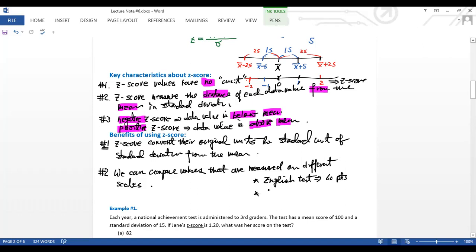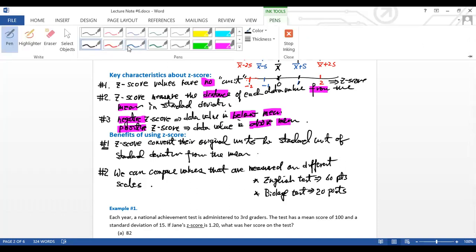And then you take the biology test. The biology test, I only have 2 problems, so the point is 20 points. If you get every problem correct, you get 20 points. For the English test, if you get every problem correct, you get 60 points.